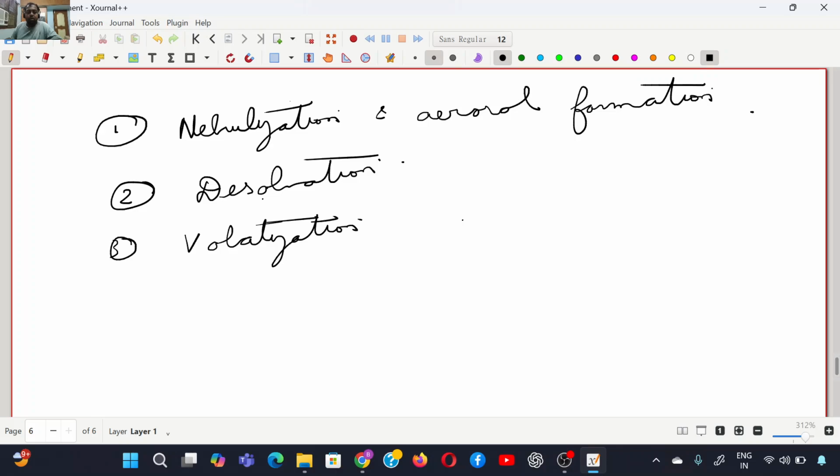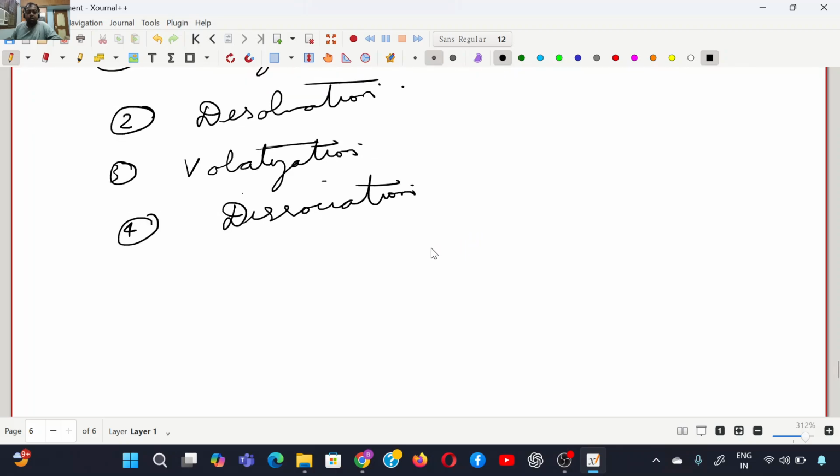The solid salt particles evaporate or volatilize into gaseous molecules. And after that comes dissociation. Each of these has subtopics like nebulization, which I can expand: nebulized into fine droplets, the larger droplets removed as waste. But I'm not going into all those details, so I'm just writing the main points.